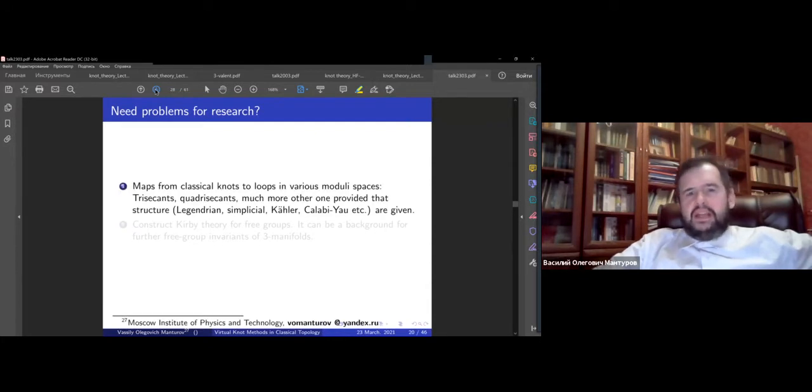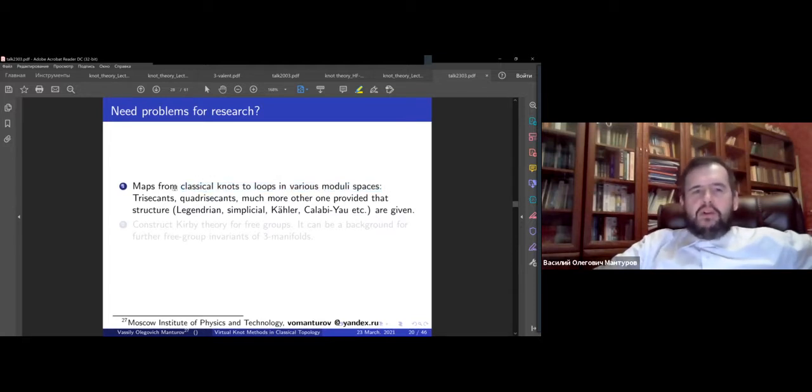If incidentally there are students here and they want to have a problem for research, here are some projects. Look at classical knots as loops in various moduli spaces. So what do I mean?